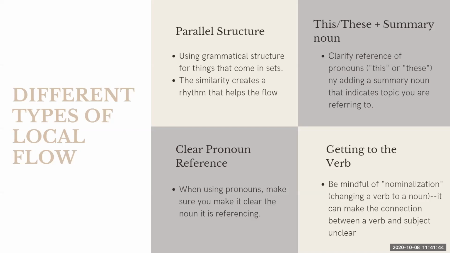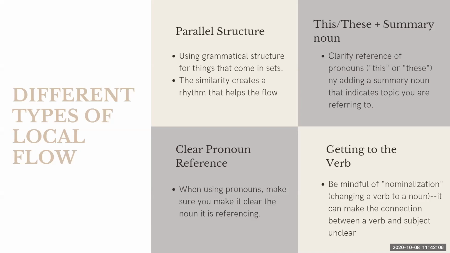And then finally, getting to the verb. Nominalization, which is the act of changing a verb to a noun. This could be deciding. Decide is an action, but when we talk about it in the noun form, it's decision.